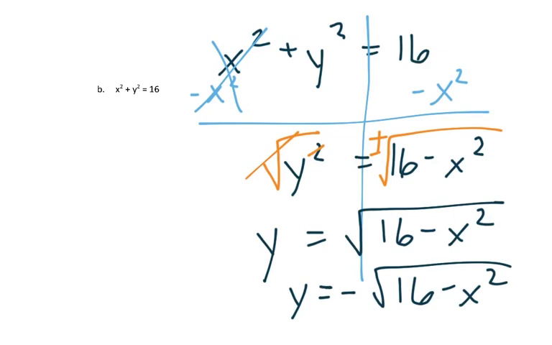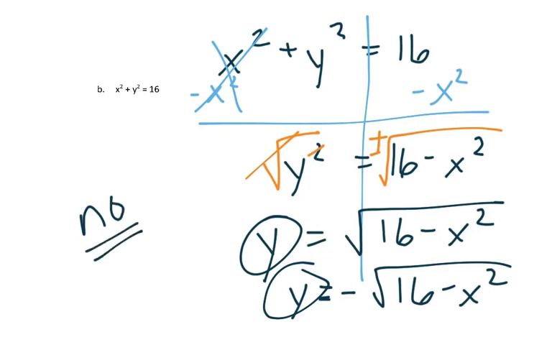So that means if I choose something for x and I plug it into this problem, there's 2 possibilities of y's answers. And that means that this cannot be a function. You can only have one y answer.